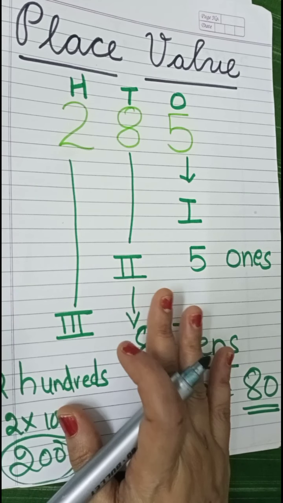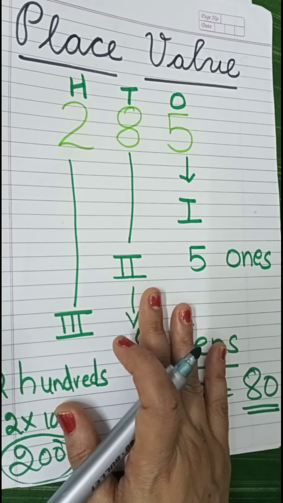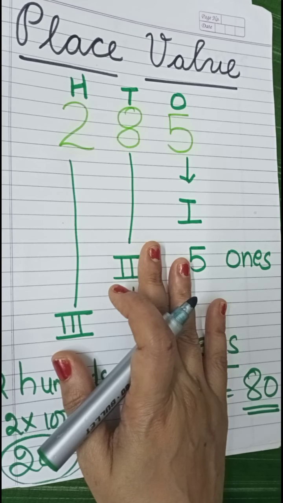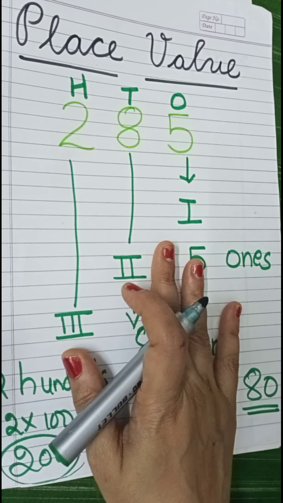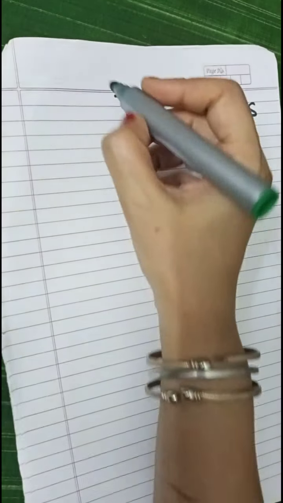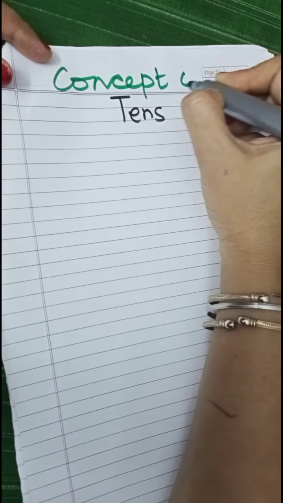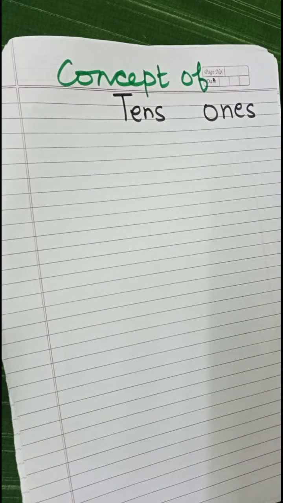The concept of ones and tens can be explained with a set of matchsticks, a given set of matchsticks which I have arranged for you. So concept of tens and ones. I have some matchsticks with me.